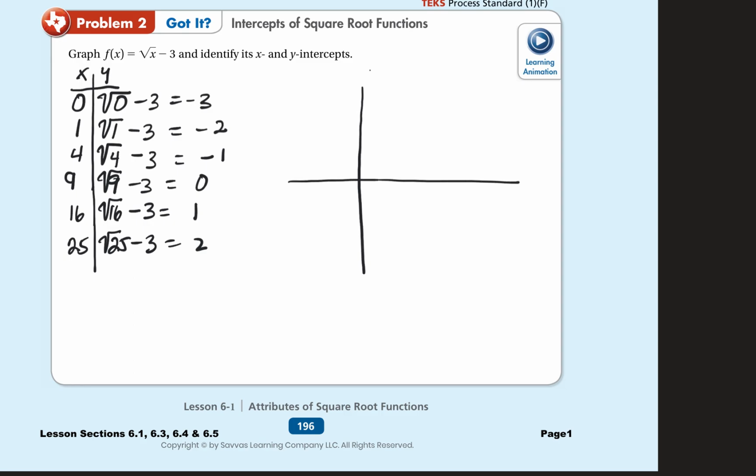I'm sketching it, so I have a y-axis and the x-axis. We have 0, 1, 2, 3, and that's negative 3. This right here is called the y-intercept.